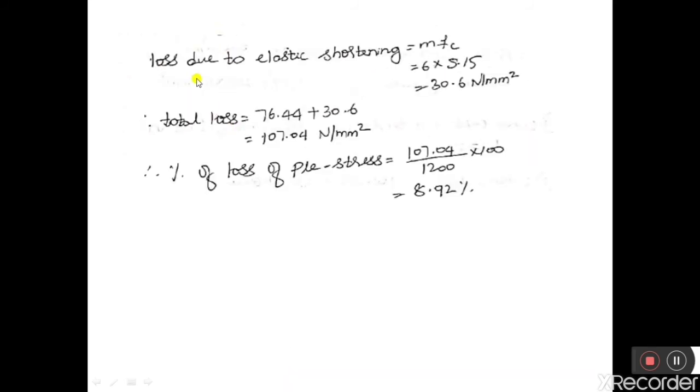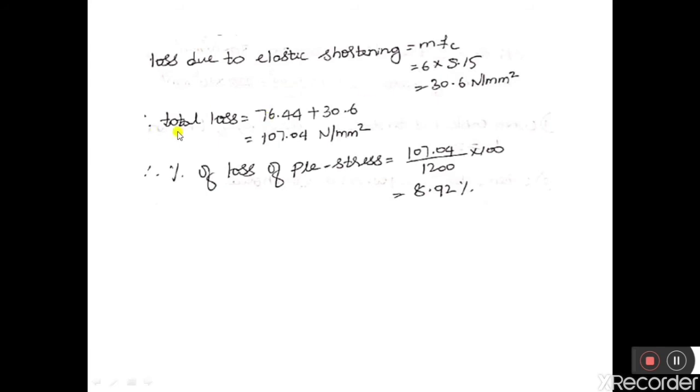Therefore loss due to elastic shortening, m into Fc, so 6 into 5.15, is equal to 30.6 Newton per mm square. So 30.6 Newton per mm square is the loss of prestress in the top steel.